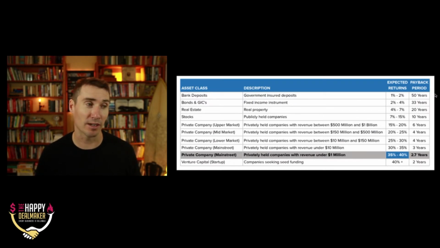But we're patient because there's high security and really low risk in the bank, right? But as we trickle up through these different investments, so we can invest into bonds, we can invest into real estate, the expected returns are bumping up a little bit. Stocks, our expected returns are bumping up a little bit, and our payback period's dropping down, right? Then we start getting into investing into companies, right?